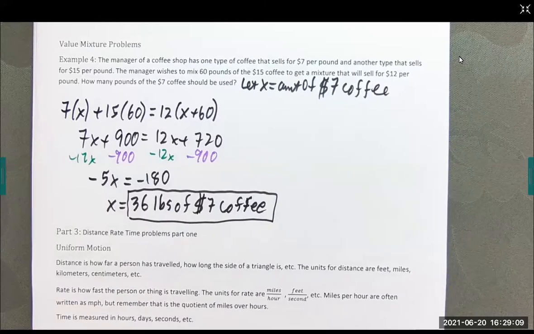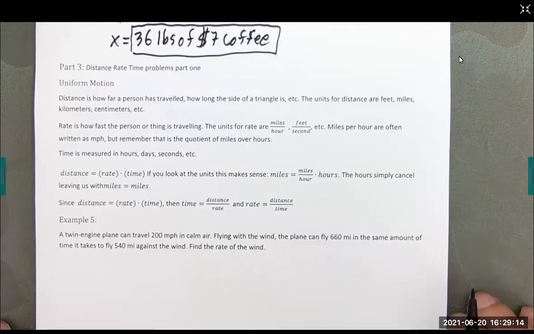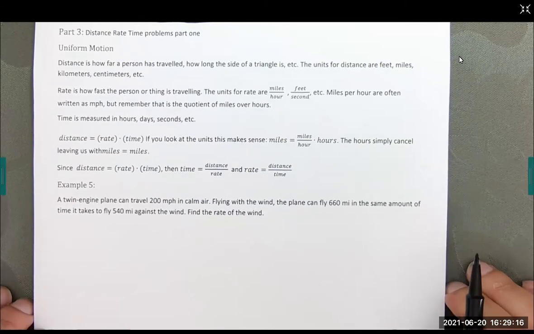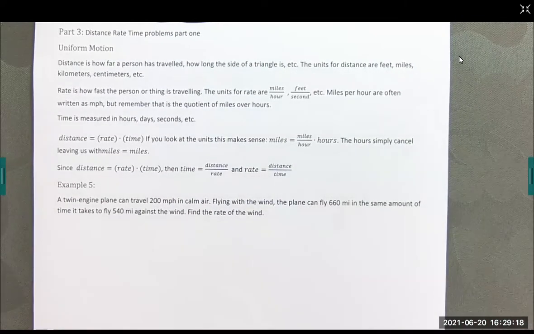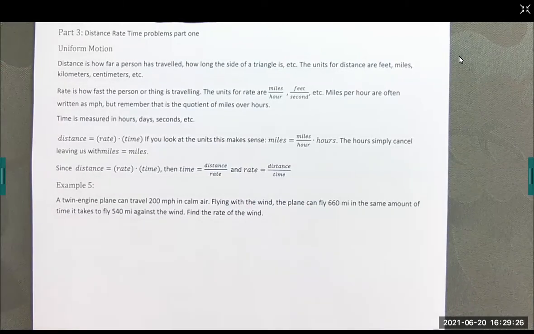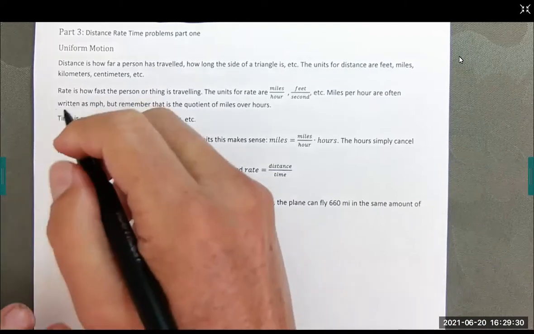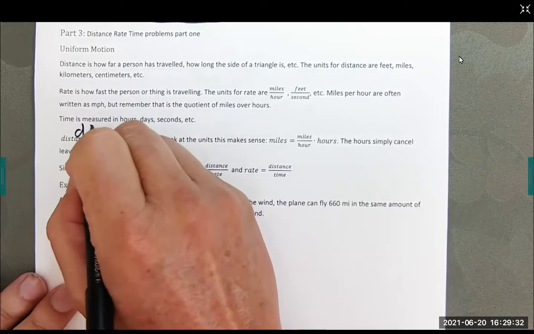All right, we are now to a different type of problem. It's called uniform motion. And this is comparing distance, rate, and time. And here we define distance, rate, and time, what that means. You're welcome to read through that. I want to get to the formula, one that you probably know, distance equals rate times time.